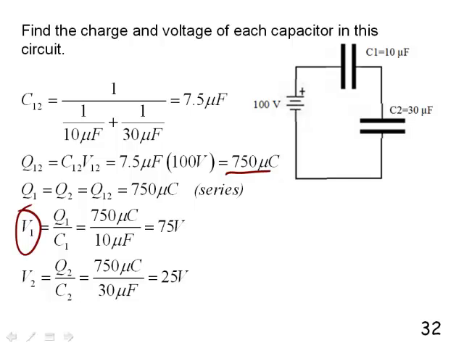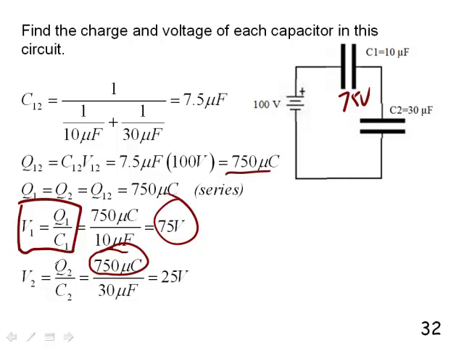Okay, so then, for each capacitor individually, I apply the equation and solve for the voltage. So voltage 1 is Q1 over C1. Take 750 microcoulombs over 10 microfarads, and I can find 75 volts are across this guy. And then for the larger capacitor, we take the same amount of charge.